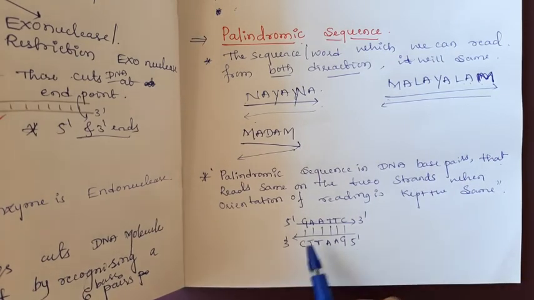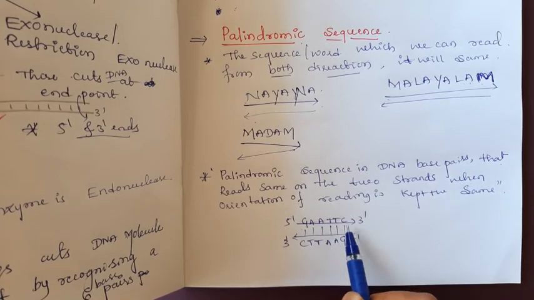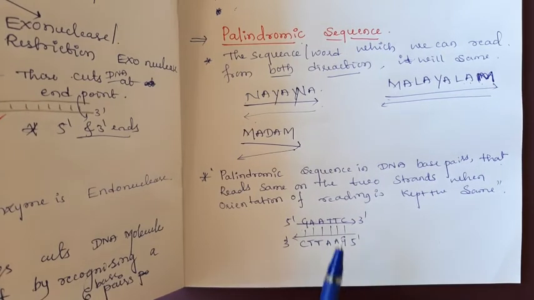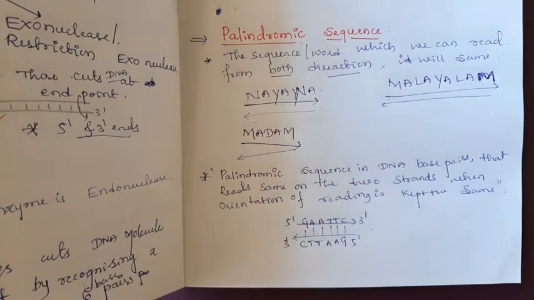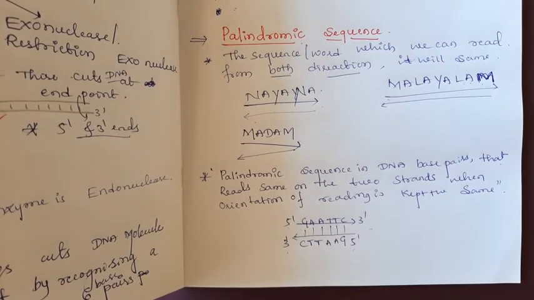See, GAATTC is one strand sequence. The complementary strand of this sequence is CTTAAG. Exactly complementary sequences. These sequences we can read from 5' to 3' direction or 3' to 5' direction.